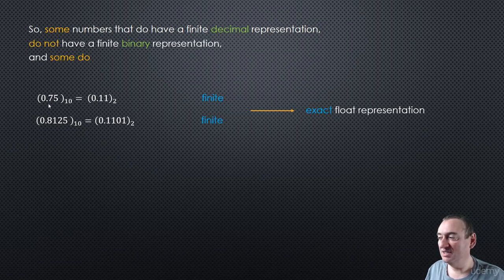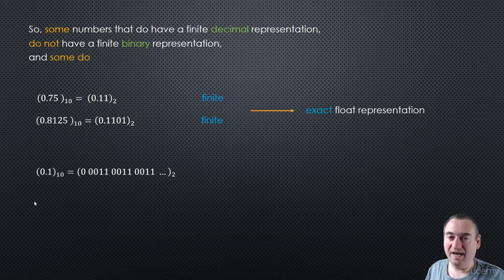Because these are finite representations, this means that we have an exact float representation. So when we type in 0.75 in Python, exactly 0.75 will be stored. Okay, it will be precise. On the other hand, if we say a equals 0.1, we are not going to be storing 0.1 exactly. It's going to be 0.0999, and a bunch of numbers after that, because it is this infinite representation.